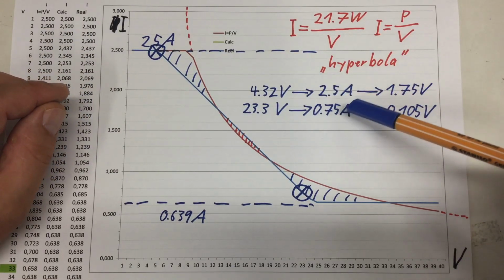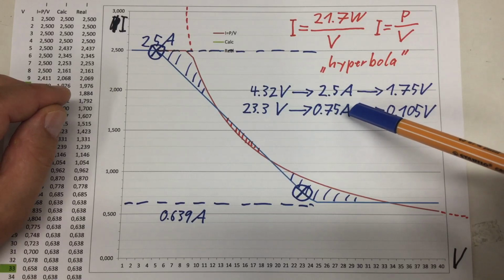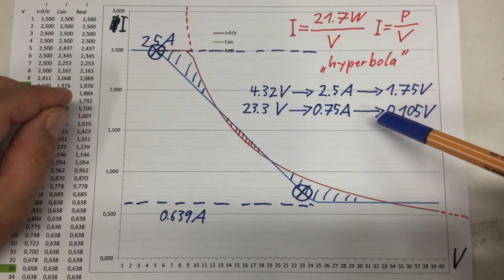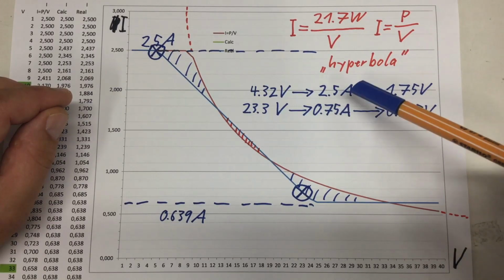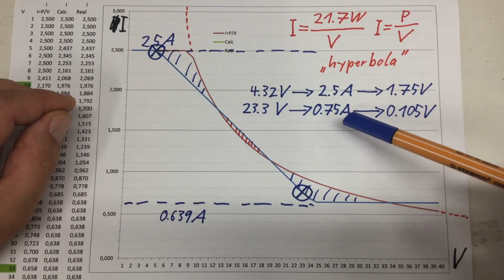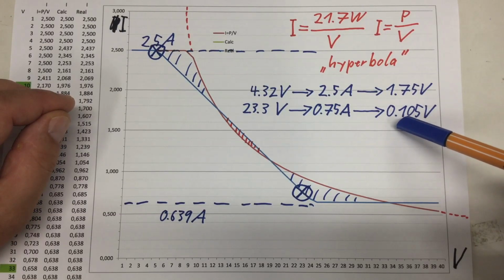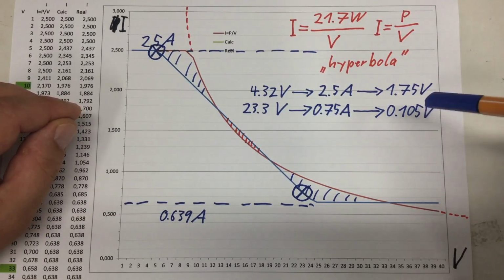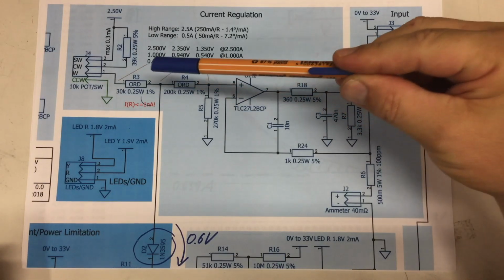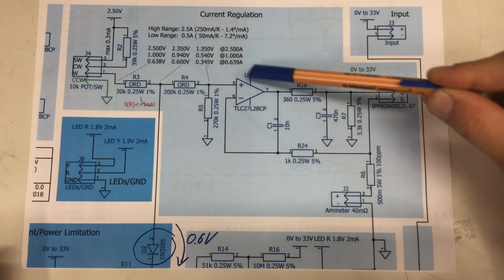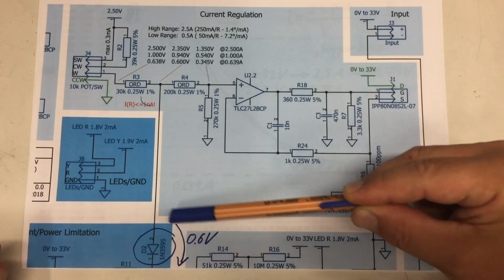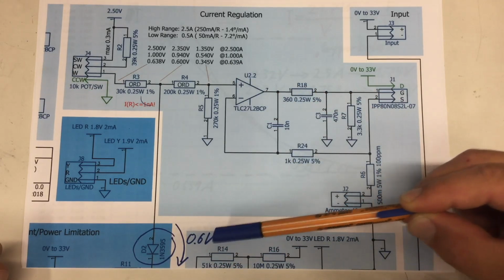In turn, in the circuit, these currents translate to specific voltages at the output of my power limitation. For 2.5 amps, that's easy, 1.75 volts. And for the 0.75 amps, I need 0.105 volts. How do I get to these voltages? The answer is simple. At that point, a certain voltage corresponds to a certain current in my current regulation, and then I have to subtract the voltage drop of 0.6 volts.